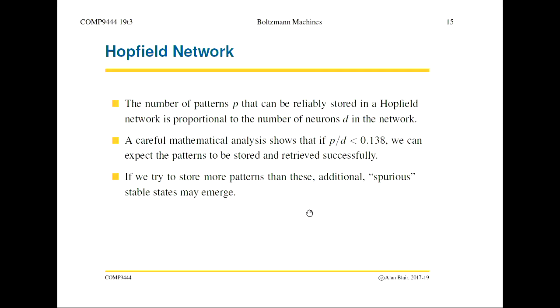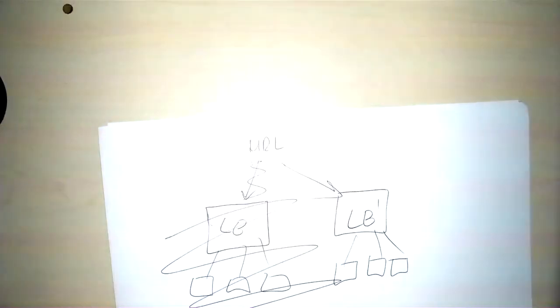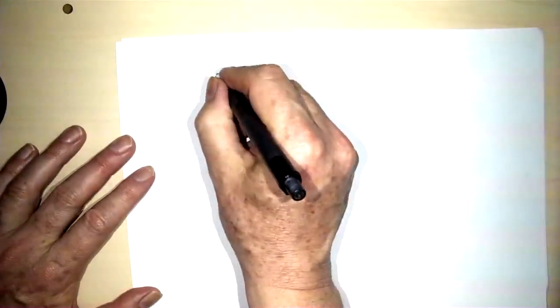I know this is a little bit abstract. There will be an exercise dedicated to this. If you work through the exercise, I think you'll have a better understanding of what's going on. But let's just think about a very simple example. Let's suppose I have 4 neurons.